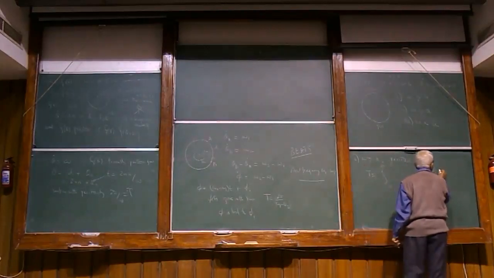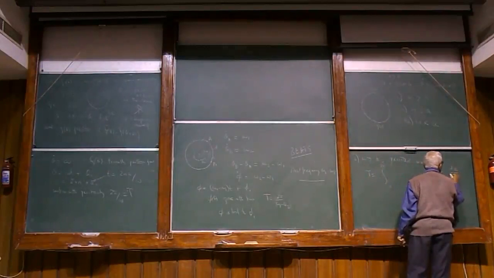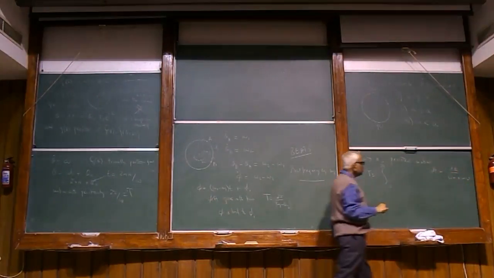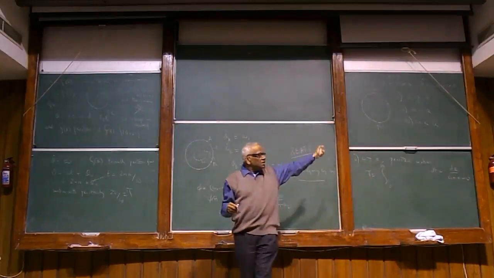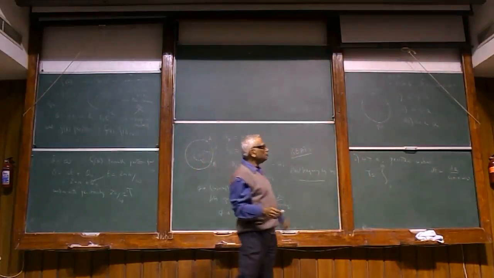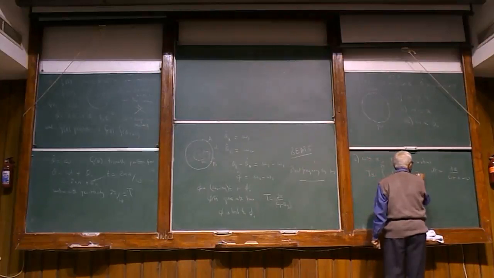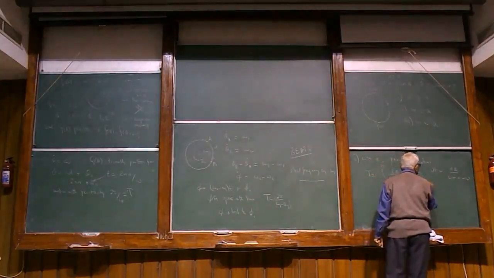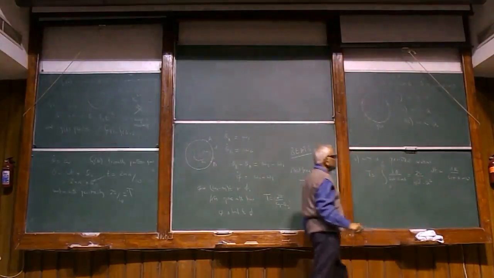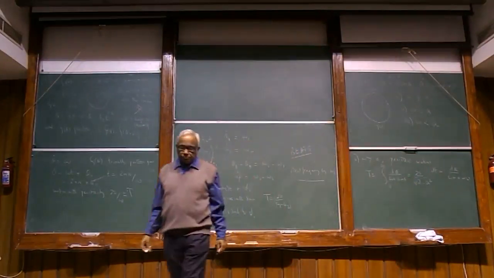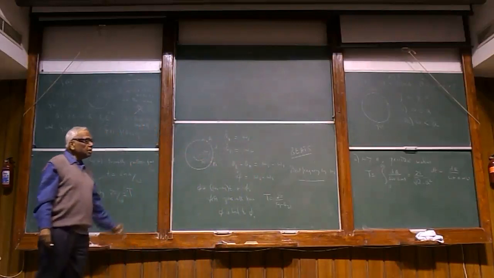So your dt is equal to d theta over omega plus a cos theta. You have to complete one circle, so you go from 0 to 2 pi in theta, and that integral is 2 pi divided by the square root of omega squared minus a squared.